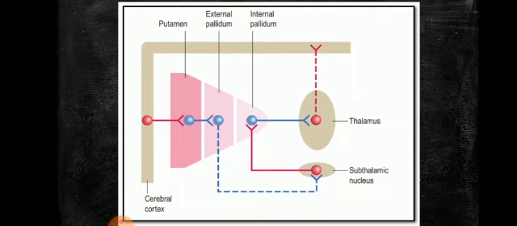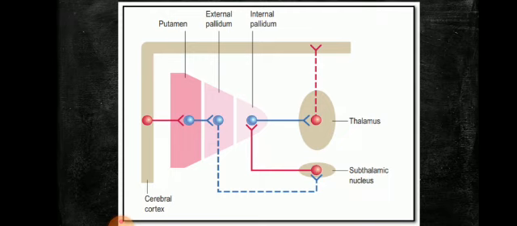At the external pallidum, lots of GABA is released, which is an inhibitory neurotransmitter. This GABA will inhibit the neuronal transmission in the neuron which is supplying the subthalamic nuclei. So that's why there is a dotted line there.